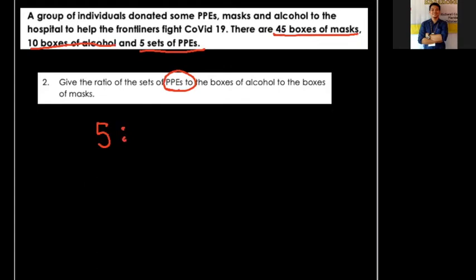Then the number of boxes of alcohol, which is 10. And then the number of masks, which is 45. Again, we always say that order is very important. The order of putting values may have a different meaning if we place it on a different position.